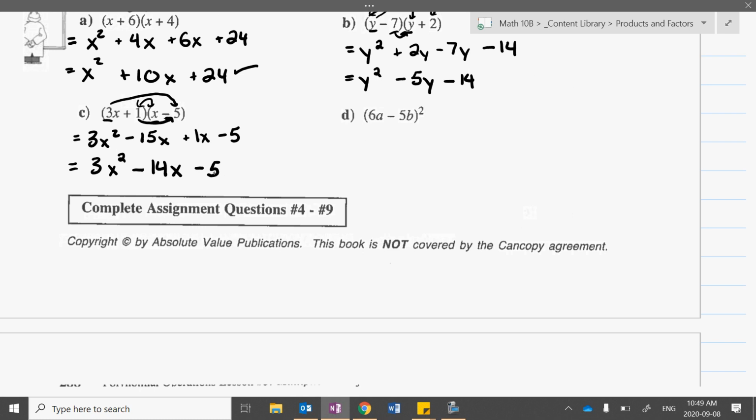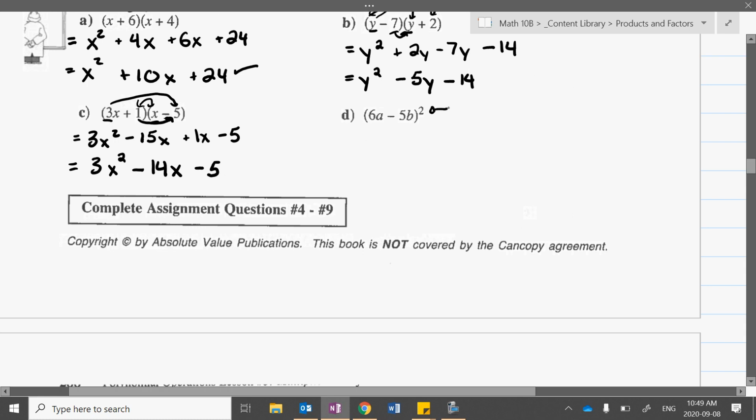This next question is where a lot of mistakes are made. This squared means the entire binomial is written twice, right? If I gave you 7 squared, that means 7 times 7, correct?